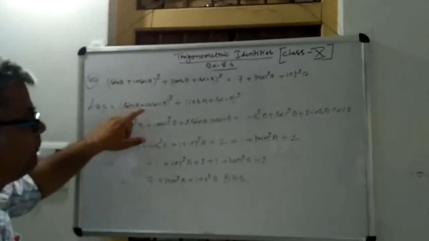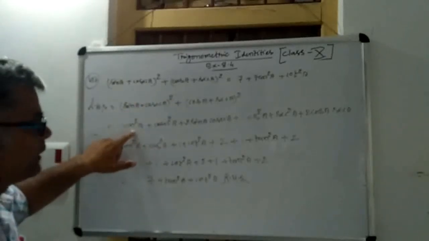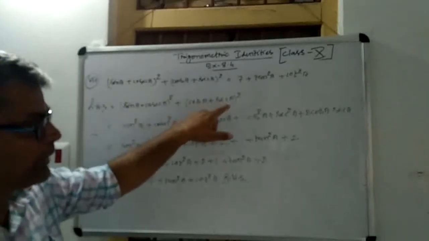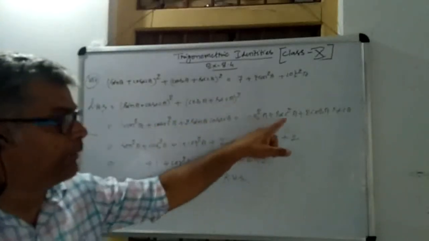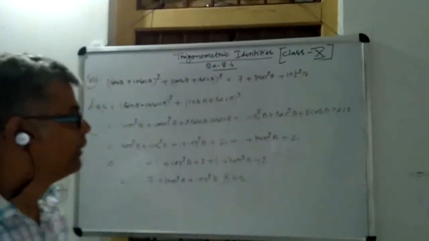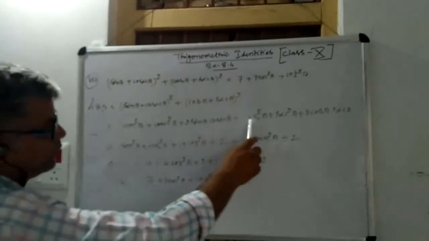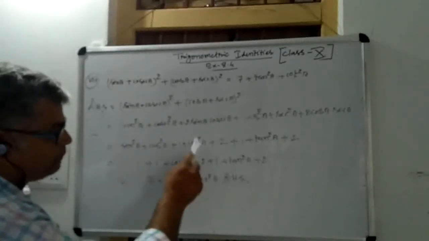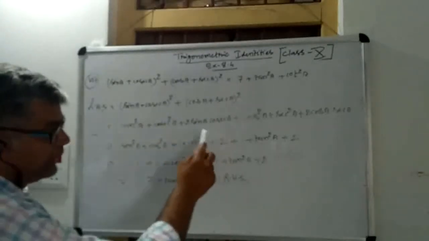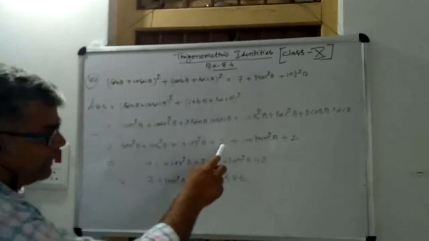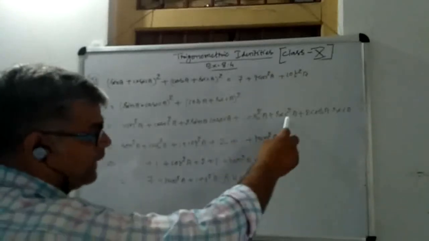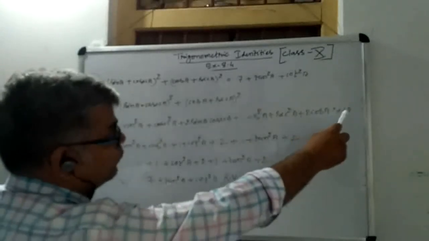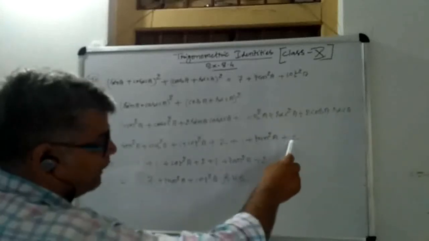When you expand (sin A + cosec A) whole square, you get sin square A plus cosec square A plus 2 sin A cosec A, and again (cos A + sec A) whole square is equal to cos square A plus sec square A plus 2 cos A sec A. Now sin square A plus cos square A is written together, and cosec square A can be written like 1 plus cot square A, and we know that sin A into cosec A is equal to 1, so 2 into sin A cosec A equals 2, plus sec square A can be written like 1 plus tan square A, plus again cos A into sec A equals 1, so 2 into cos A sec A equals 2.